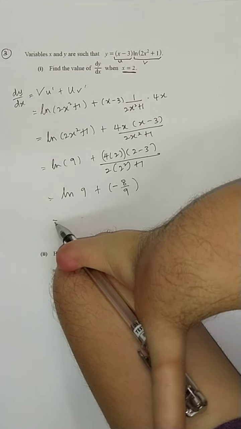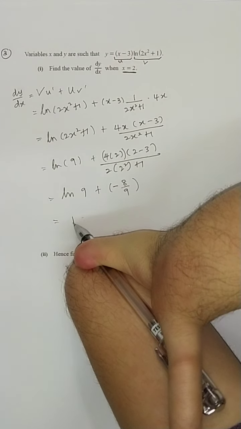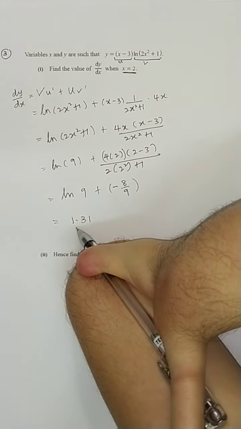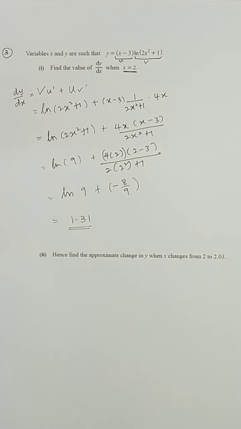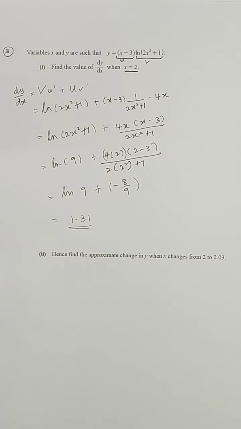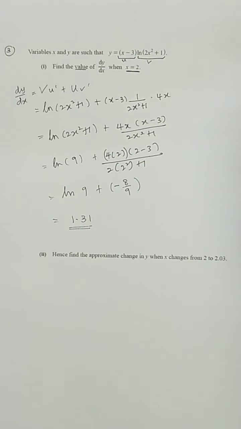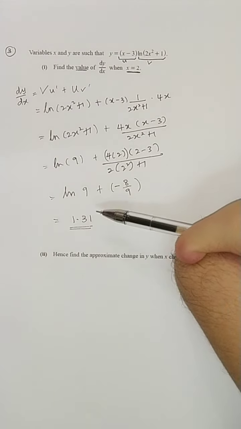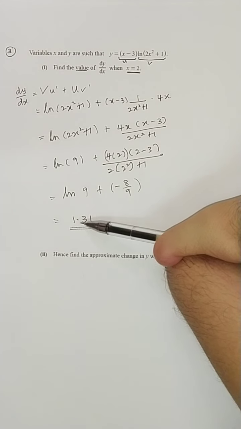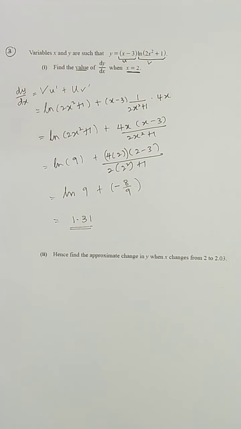So the final answer, press your calculator, 1.31. So this is the value of dy over dx. That's why I leave the answer in terms of a decimal number, 1.31.